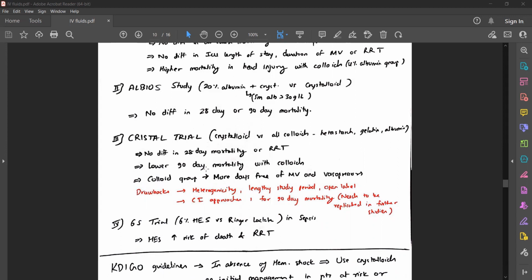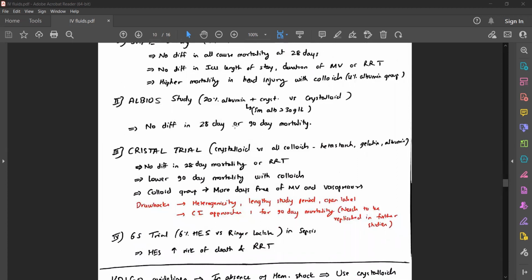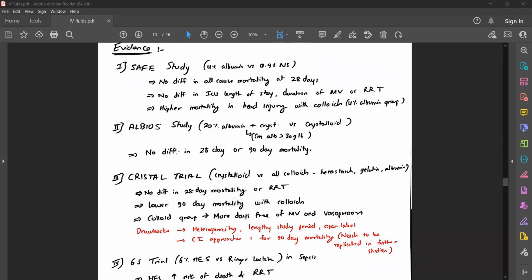It did not show any difference in 28-day mortality or renal replacement therapy, but it had a lower 90-day mortality with colloids. The colloid group also had more days free of mechanical ventilation and vasopressors. The limitation of this trial was the heterogeneity, the lengthy study period, and being open label. So that's the reason that we now go with the results of the SAFE study.